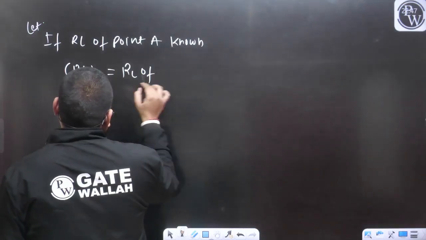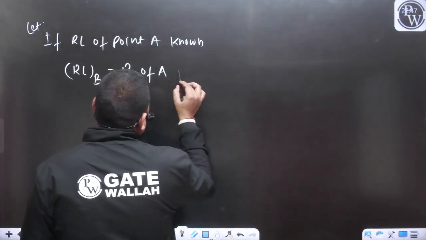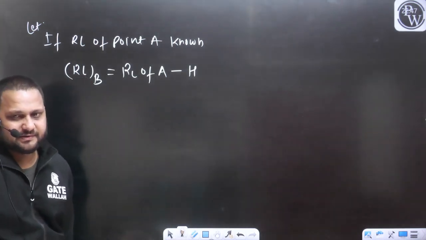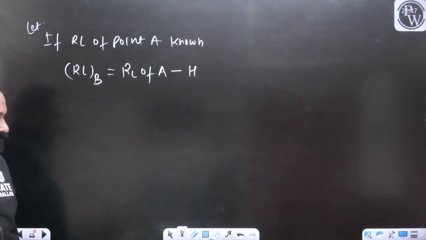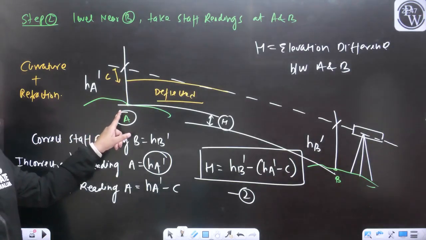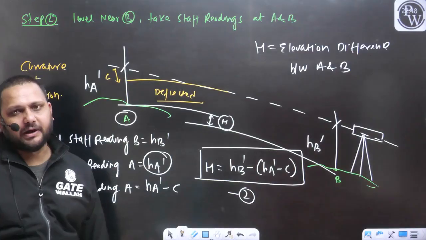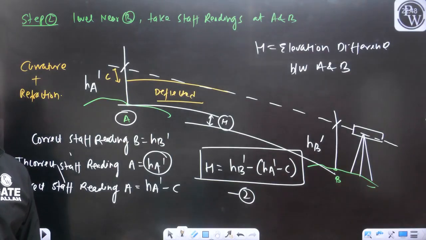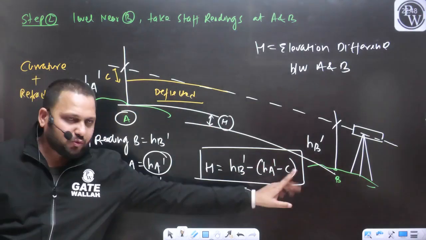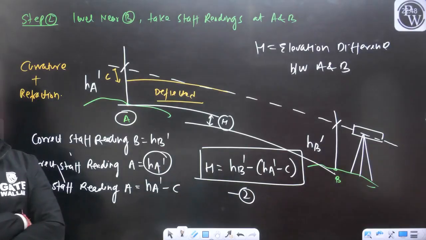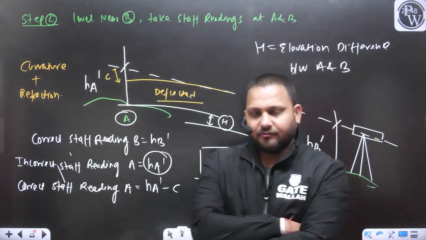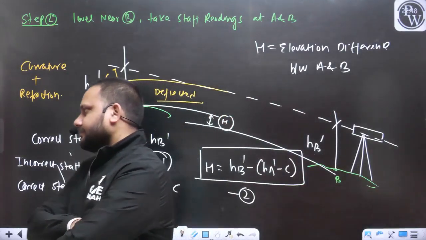So RL of B will be equal to RL of A plus or minus H. For this example, the RL of A is known to you. As you can see, the B point is at the lower elevation. So RL of the point A minus H will be equal to the RL of the point B, na? Why you are considering plus?